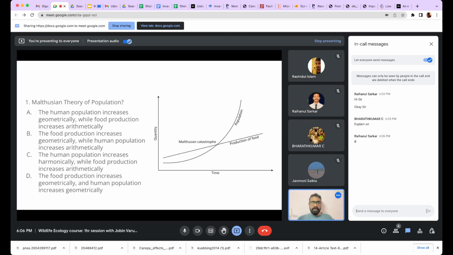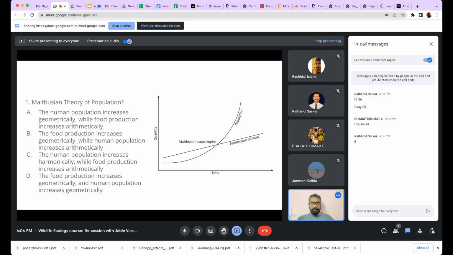He was looking at how population and food production would go hand in hand in the future. So population would definitely increase, food will also increase, but how would they increase, how much would they increase, was a thing that he was talking about.